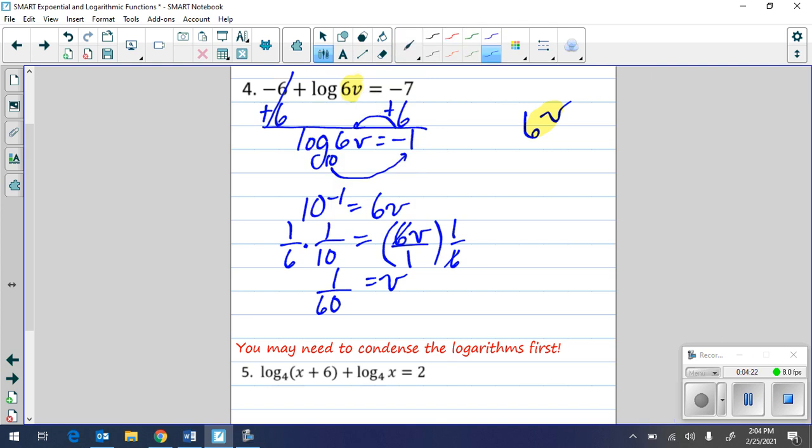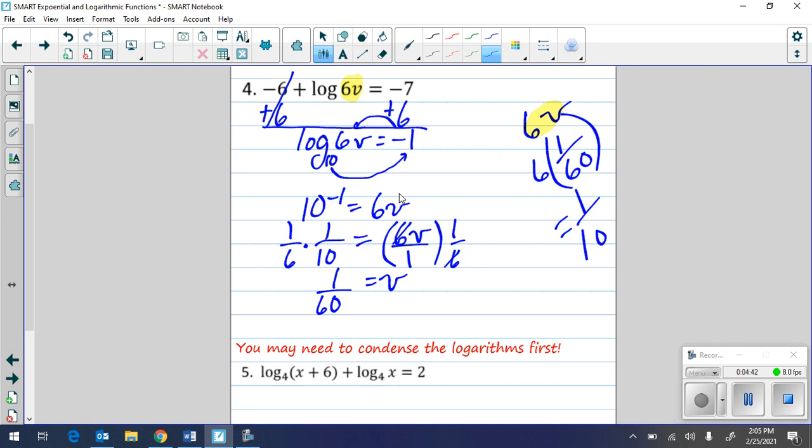So 6 times 1 over 60, yeah, we're good. I mean, really, I could check the whole thing if I wanted to. But as long as that's not negative, it's not extraneous. It might be still wrong if I did something wrong, but it's not extraneous.